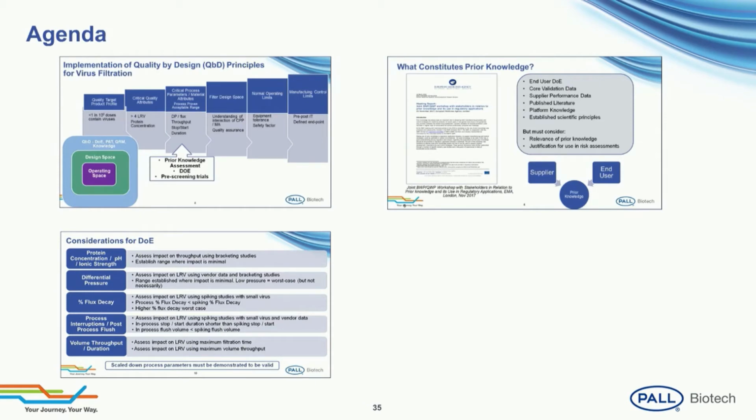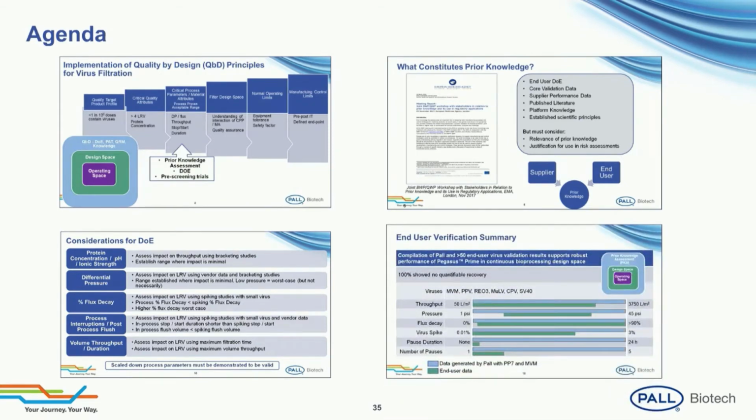Considerations for your design of experiment to understand your design space. And we will discuss some examples of the data that can be provided by the supplier which can be used as prior knowledge assessments.